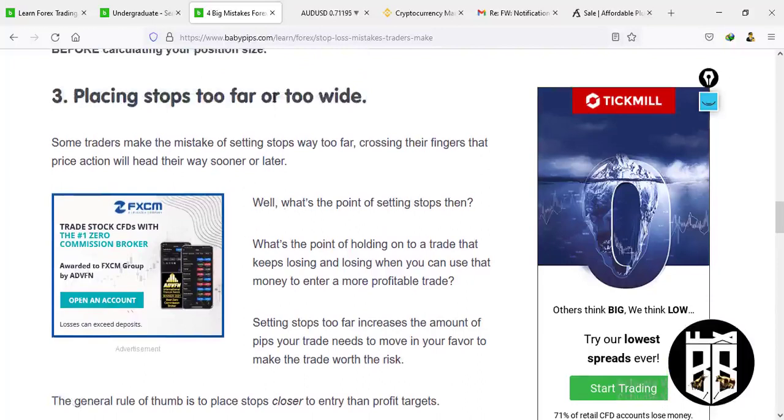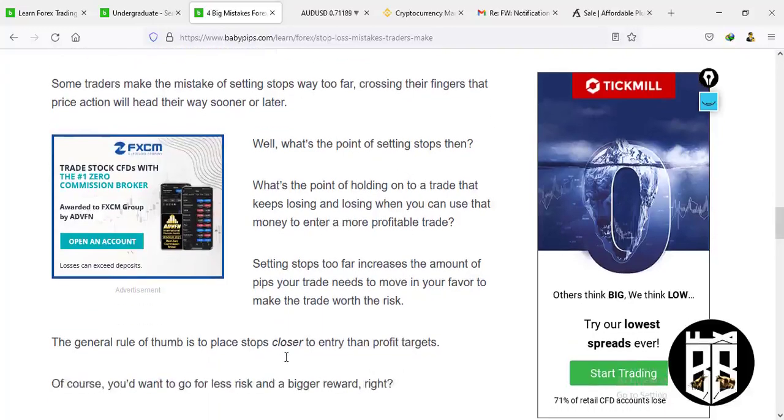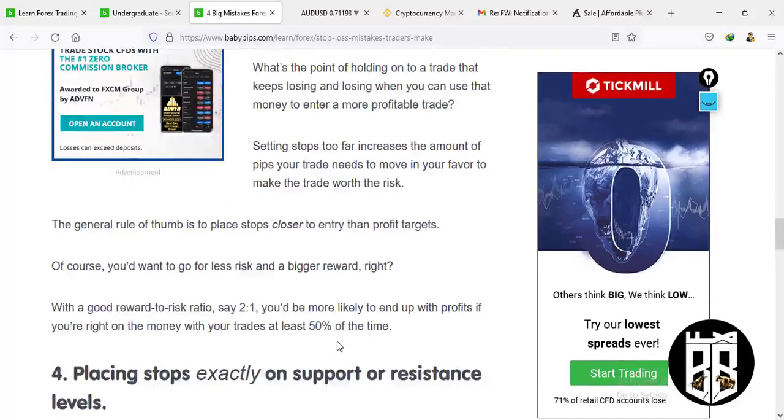No, don't do that. Your stops shouldn't be too far. If your stops are too far, it increases the amount of pips your trade needs to move in your favor to make the profit, and it also enlarges your loss capability. You are more likely to incur more losses because your stops are way too far.